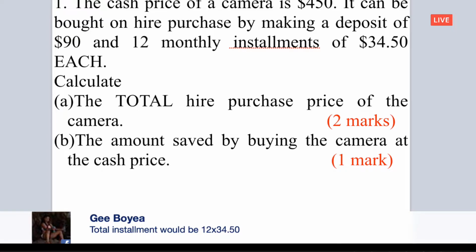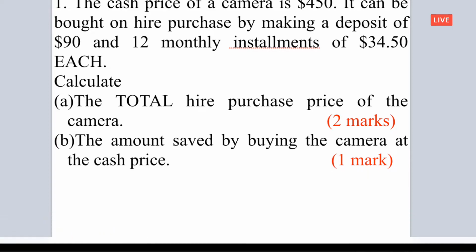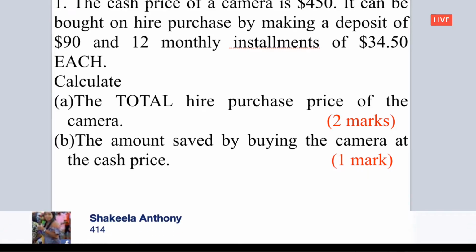Miss Bowie, thank you. We need our answer now. What will the answer be? Excellent, Miss Antonia, like that. You redeem yourself. So it'll be $414. Now remember, our total hire purchase price will involve our deposit plus our total installment.